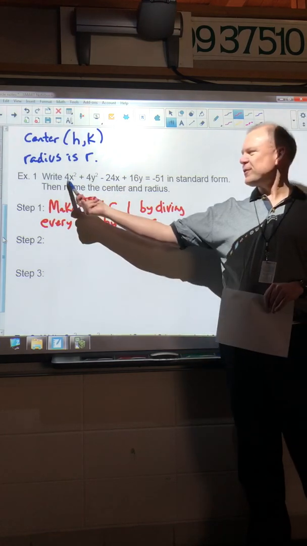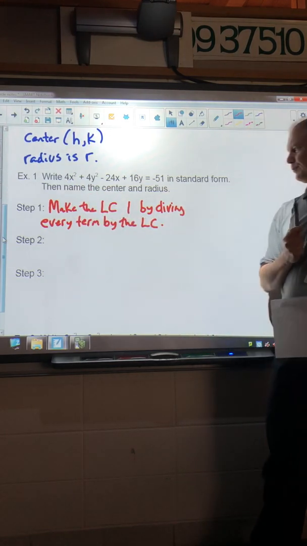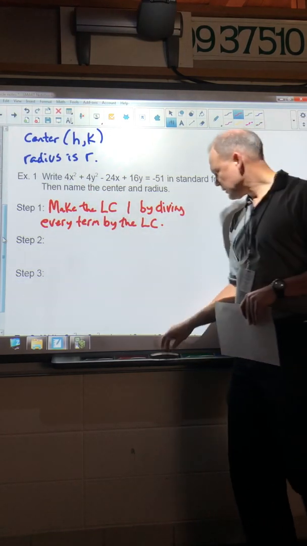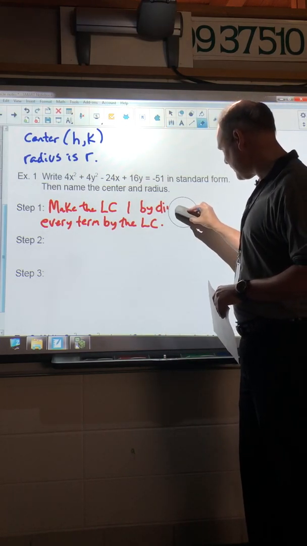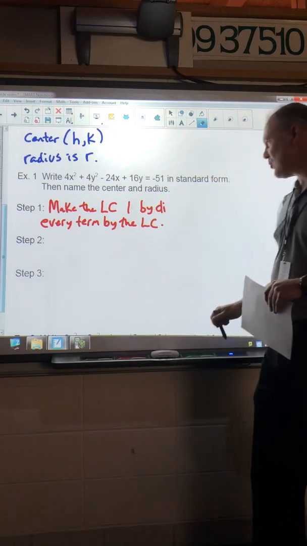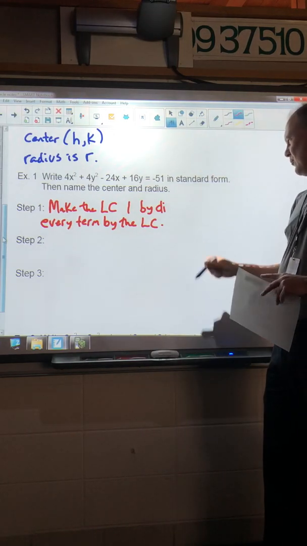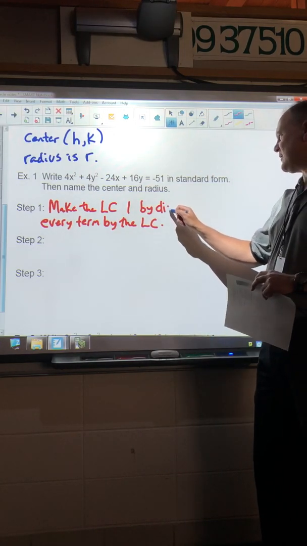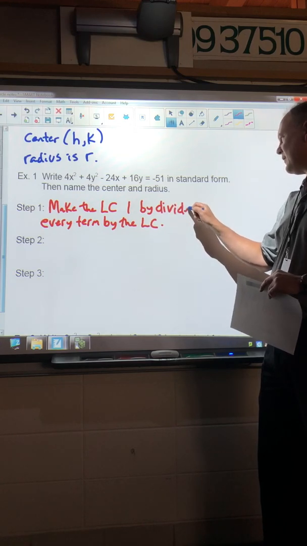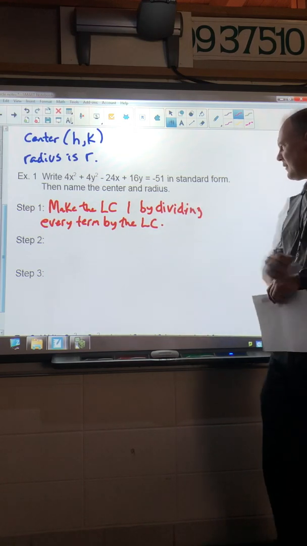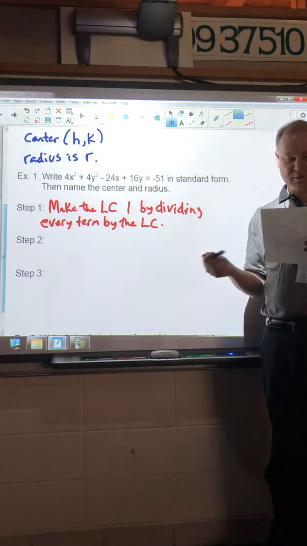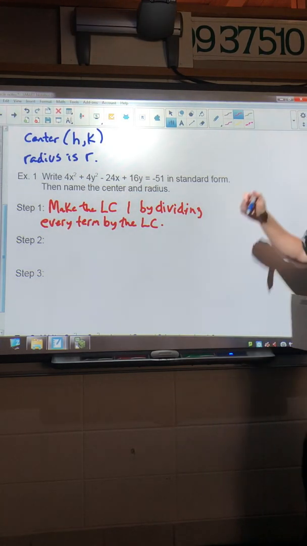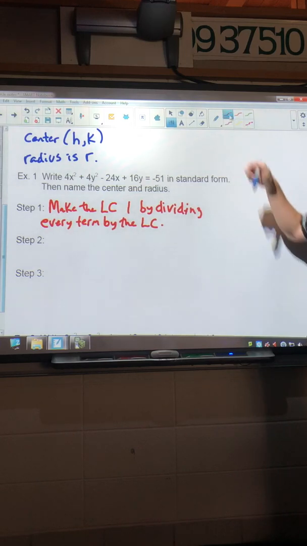Okay, so the leading coefficient here is 4. I wrote diving. Let's try that again. Dividing every term by the leading coefficient. That looks better.